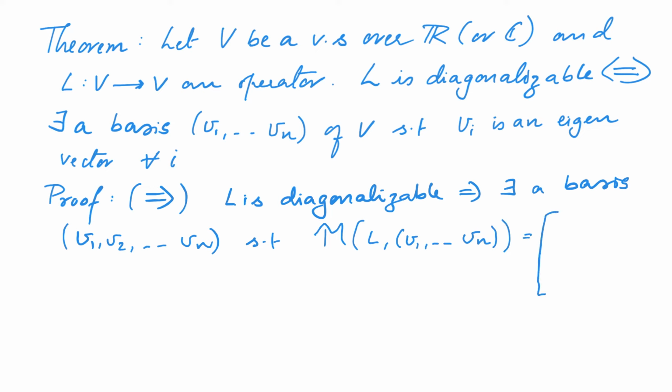Let's say the diagonal matrix is lambda 1, 0, 0, 0, 0, lambda 2, 0, etc. and so on up to 0, 0, 0, and the last entry is lambda n.